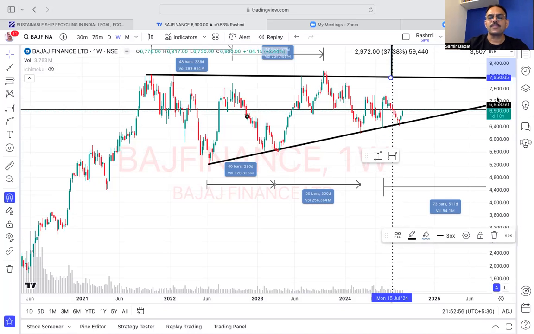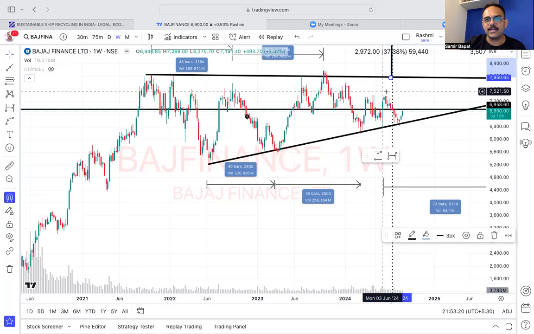That is one thing. If you want to go a little aggressive, then these are the tops. Please take note. This is a weekly chart, and these are the tops forming here. If you don't want to wait till the breakout of the triangle, you can buy above the top of these tops which are forming.